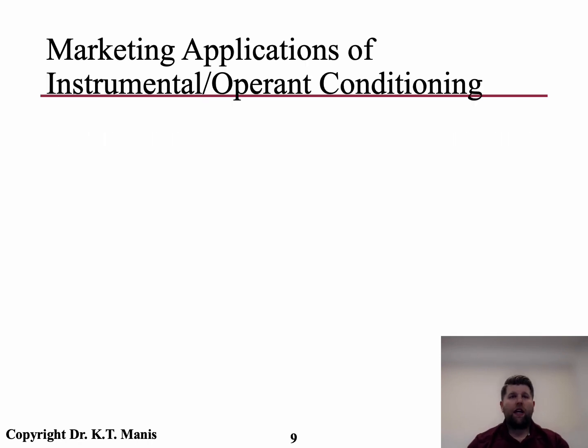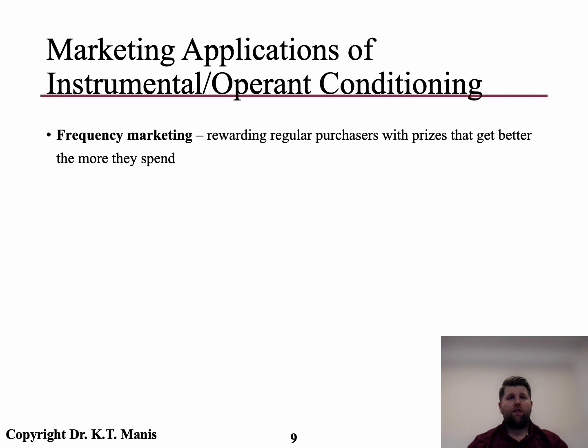So some marketing applications of operant conditioning. The most obvious one is frequency marketing. This is where a company or brand rewards regular purchasers with prizes that get better the more that they spend. So if you've ever been a loyalty card holder, this is one of the key ways that marketers and companies condition you, through their loyalty program.